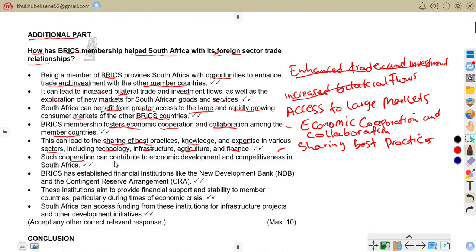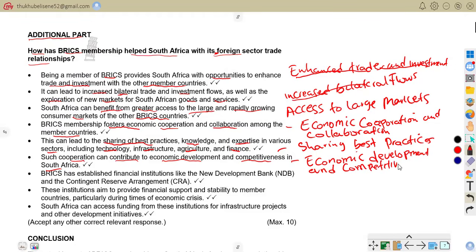Also, such cooperation can contribute to economic development and competitiveness in South Africa. So we're talking about economic development and competitiveness.